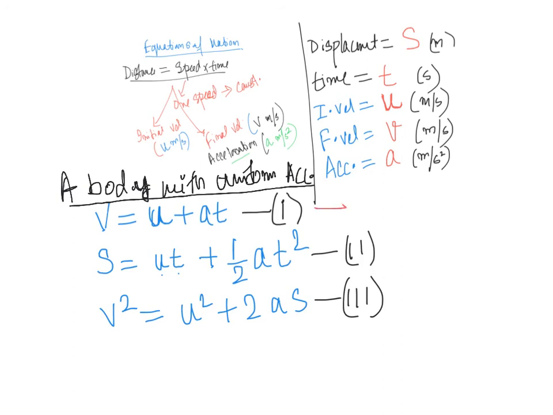The first equation has four parameters. That is, we have final velocity, initial velocity, acceleration, and time.